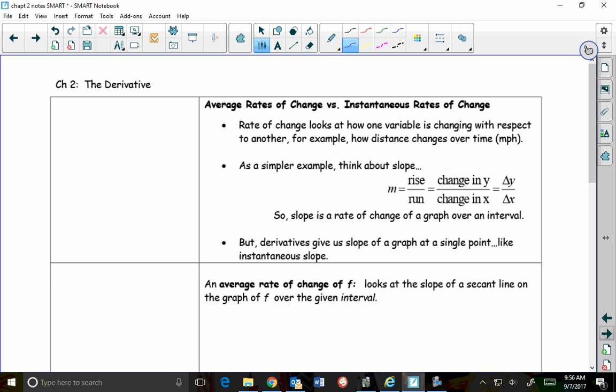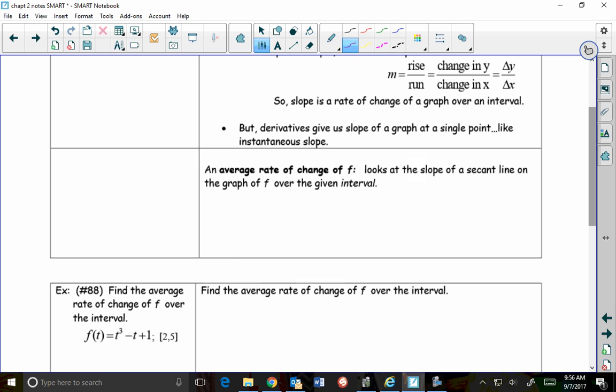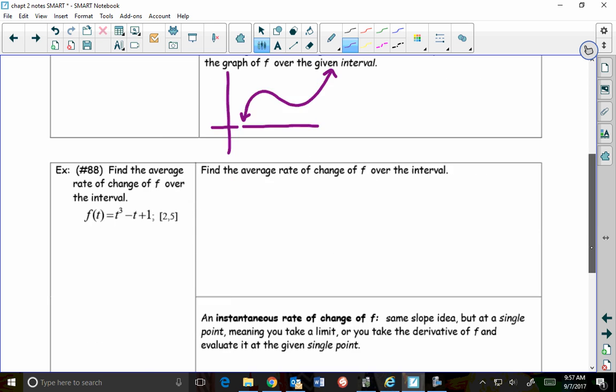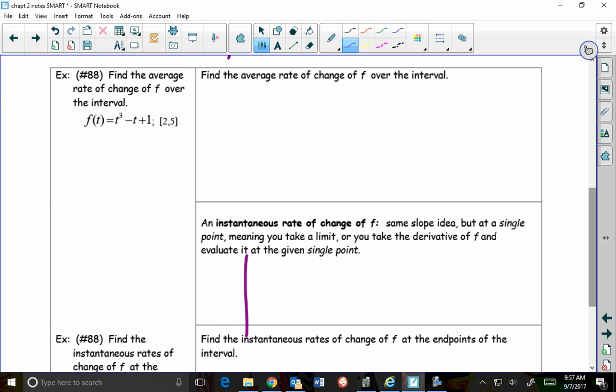Okay, last concept that we're going to deal with. The average rate of change versus instantaneous rate of change. And you guys, we've talked about this, we're going to hit it one more time. And then tomorrow we're going to apply it with position, velocity, acceleration, even more. Okay, so let's say that I have this graph, and I'm going to draw the same graph here as I did here.